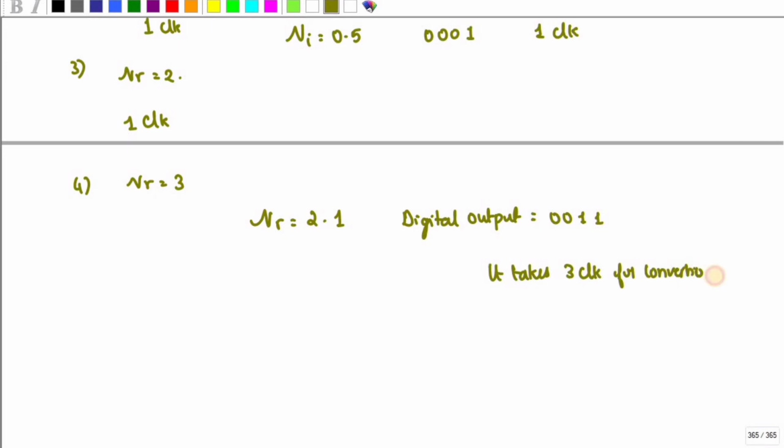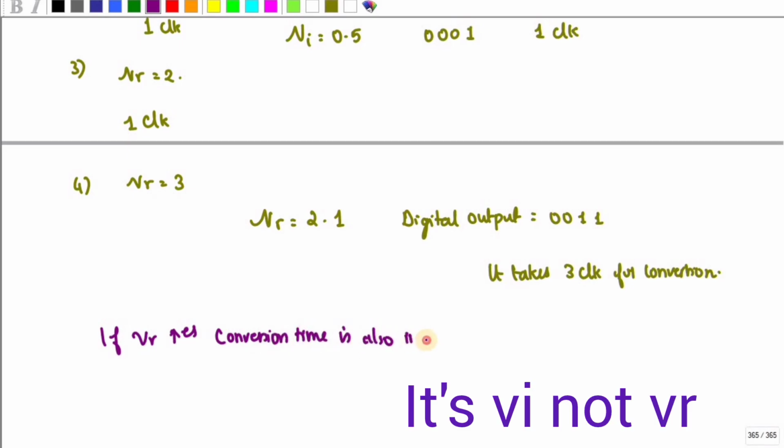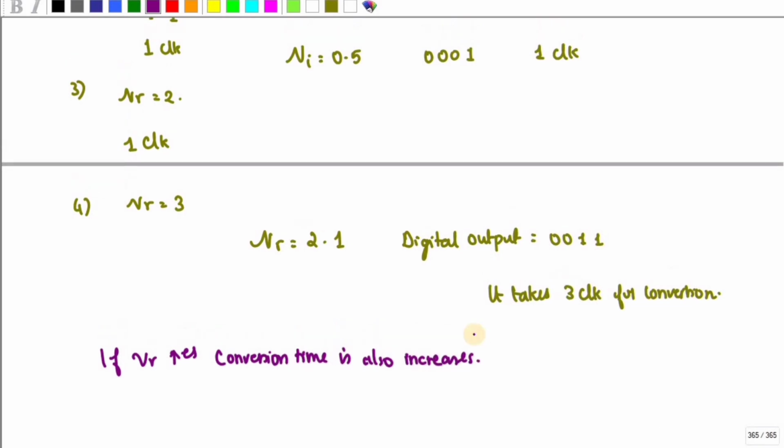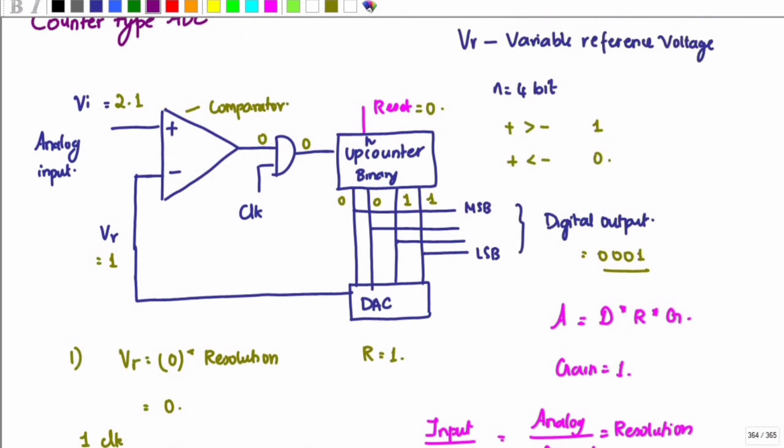Okay, so you can see if my VR increases, the conversion time also increases, right? So what is the limitation? The limitation is it can convert only a number up to VA equal to 14.999, right?